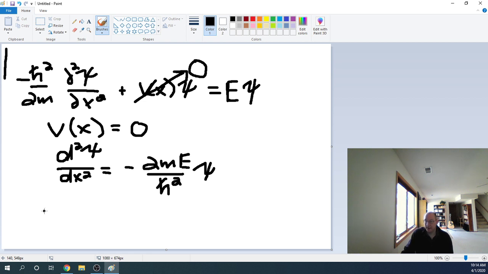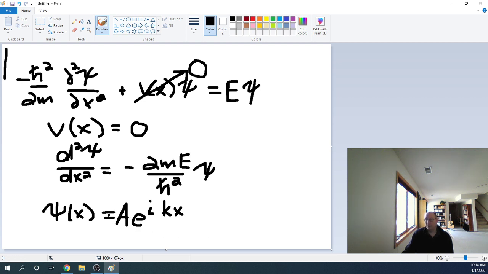So I'm just going to write down the complex exponential because that's the solution I chose to use. So psi of x is something like e to the i k x. I'm not saying what k is here just yet, and I'm going to put an A in front here, because any constant times that would also do.